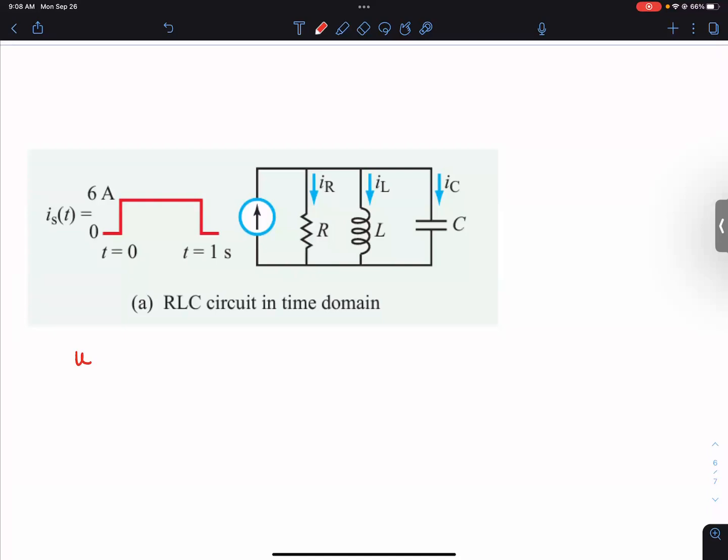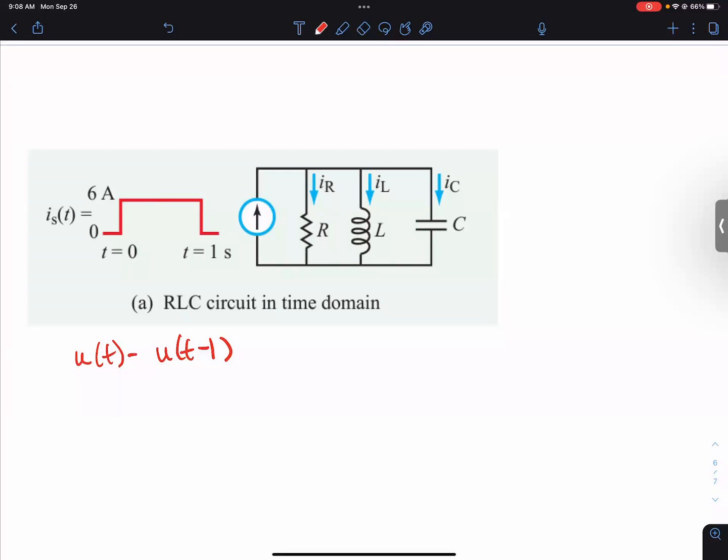U of t times U of t minus 1. So it wouldn't be multiplied. Yep, it would be a minus.